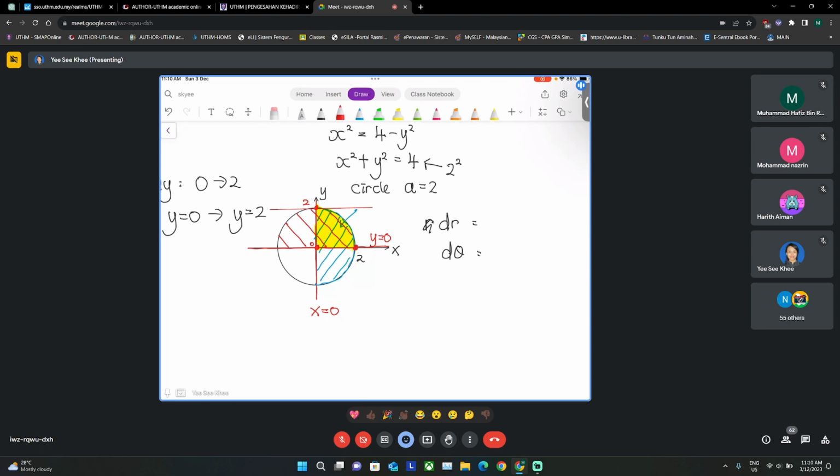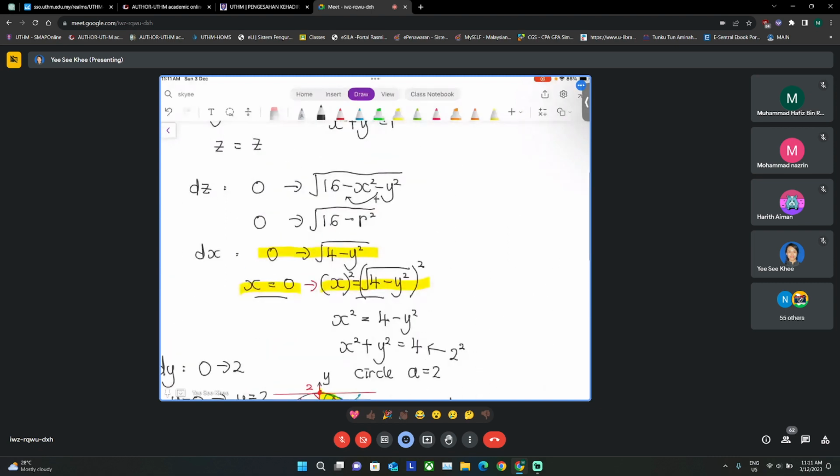And you just want to refer to the yellow region, so from here up to here, the angle is 90 degrees. So it will be 0 up to pi over 2. You have defined the interval for the dr, d theta, and just now we have the dz over here.